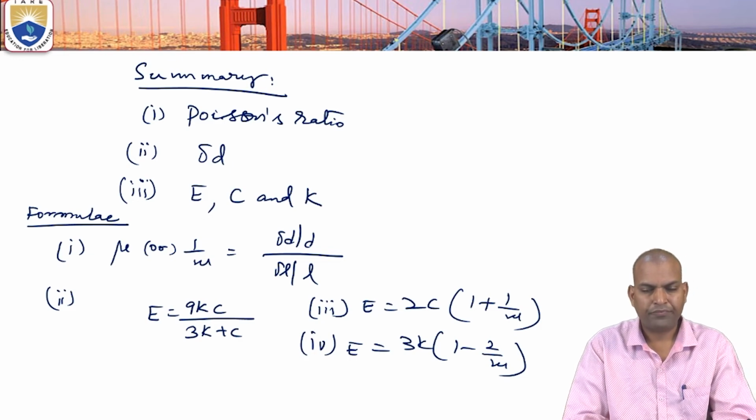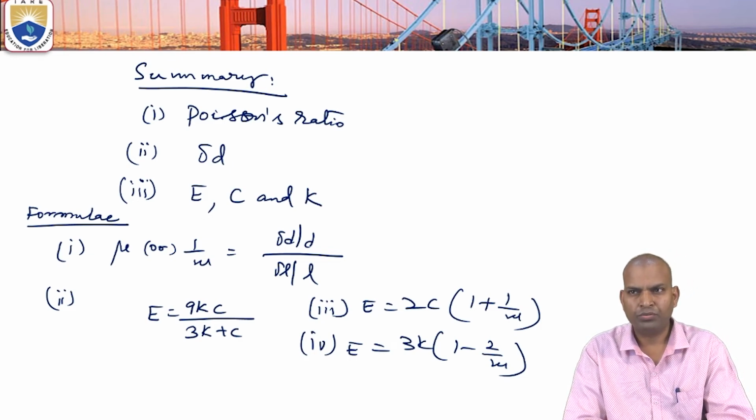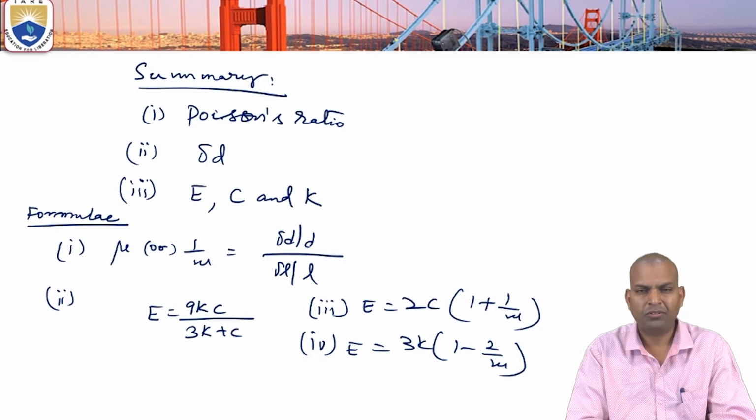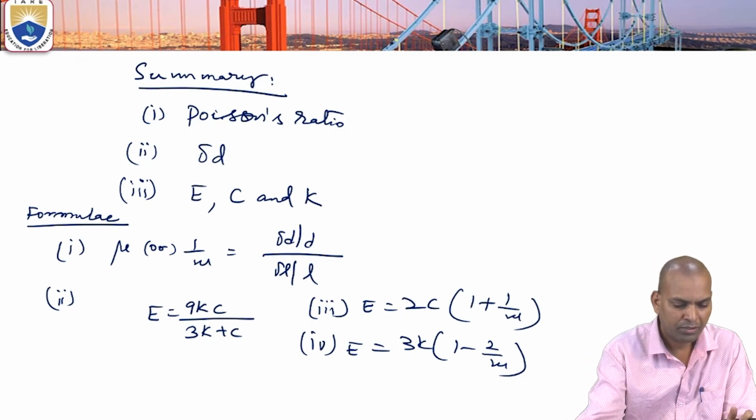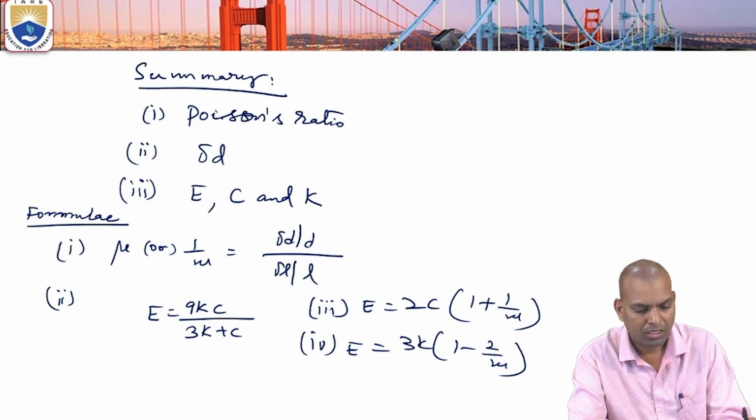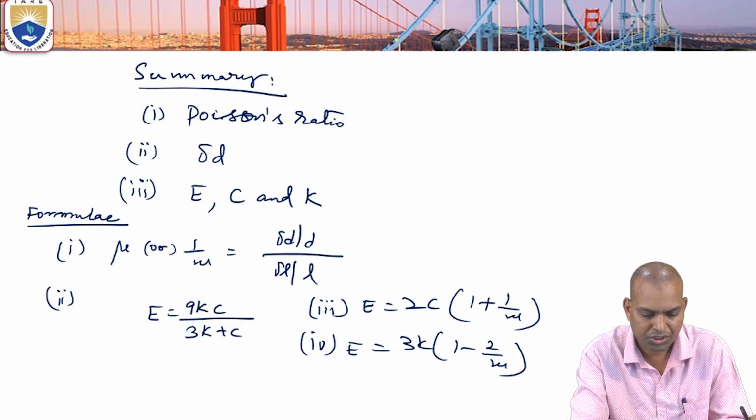So these four formulae were used to calculate Poisson's ratio, modulus of elasticity, bulk modulus, and modulus of rigidity.